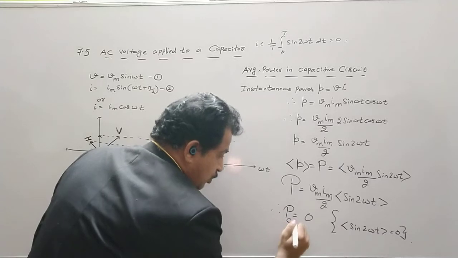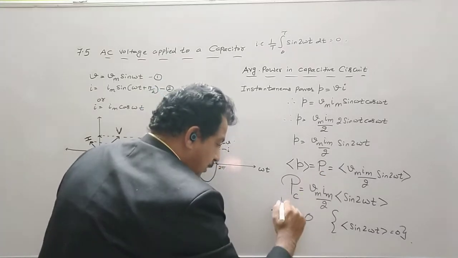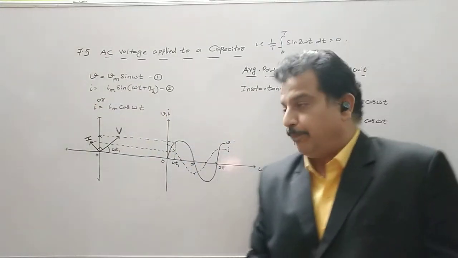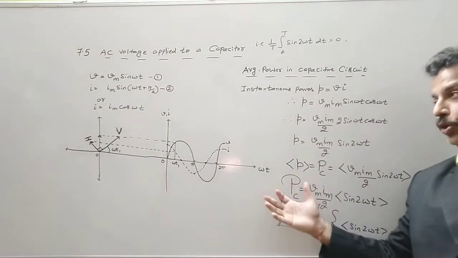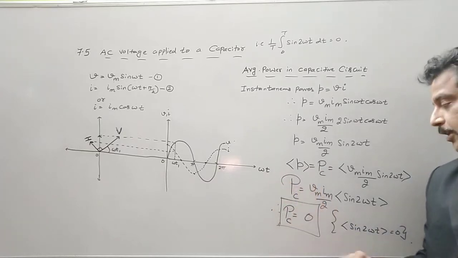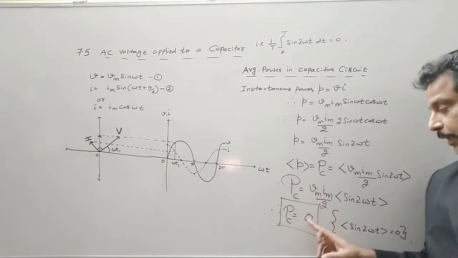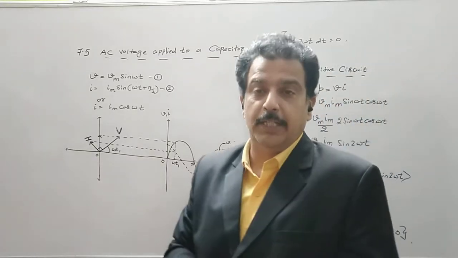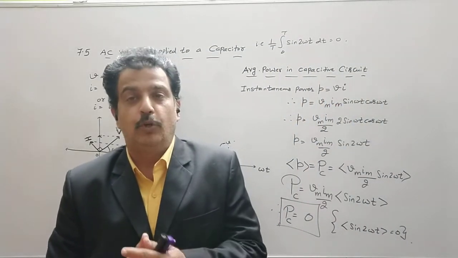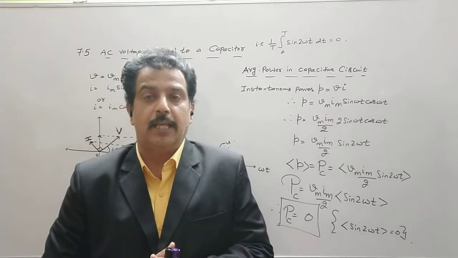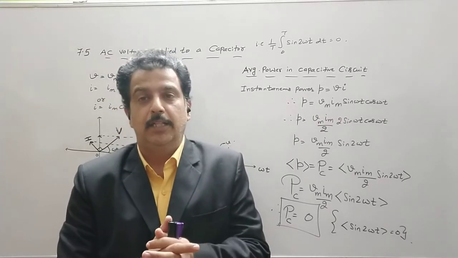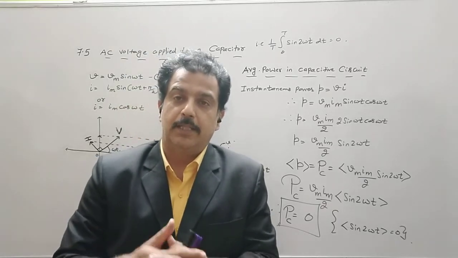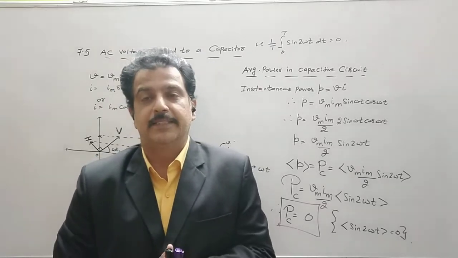So the power consumed by the capacitive circuit is 0, or we can say that the power given by the source to the capacitor for one complete cycle comes out to be 0, similar to an inductor. Power consumed in the capacitor being 0 means whatever energy is absorbed during any half cycle, the same amount of energy is given back to the source in the coming cycle.